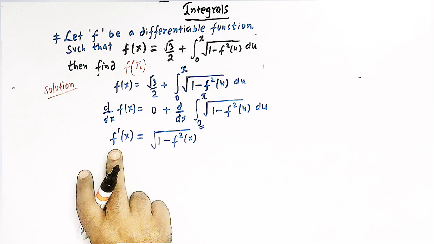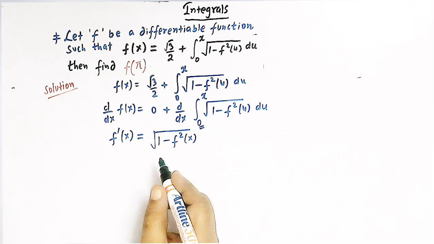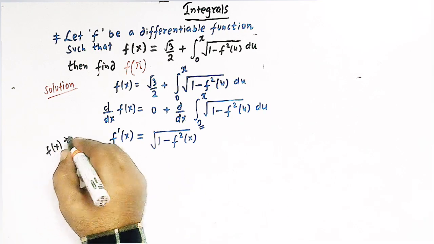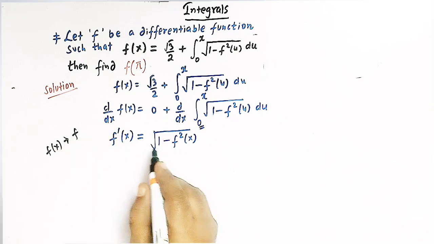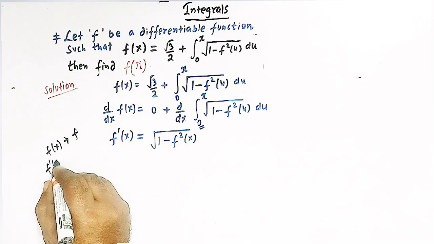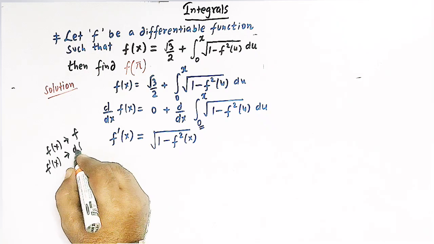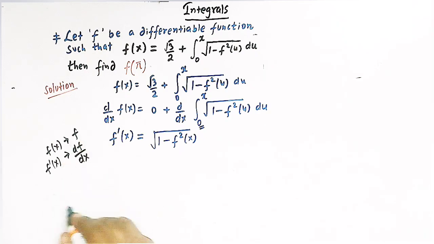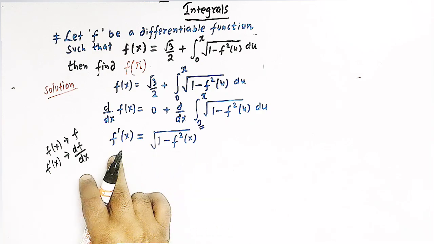To solve this differential equation, let us write f of x as simply f, just for convenience, and f prime of x as df over dx. We'll use these notations just for convenience.